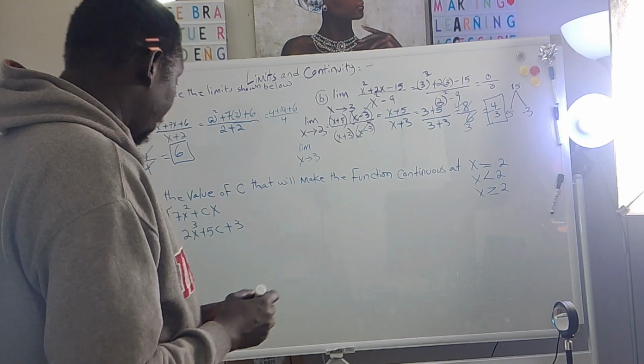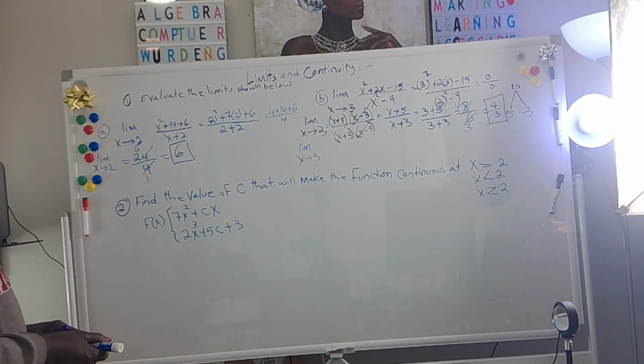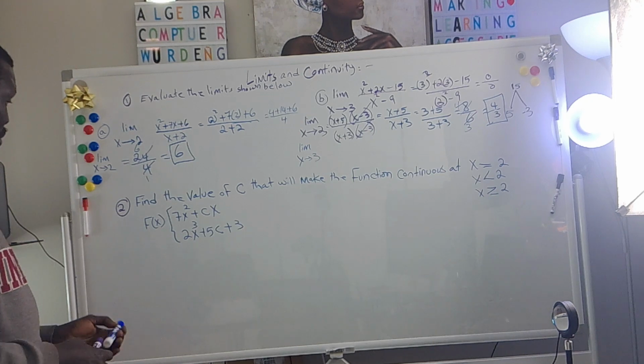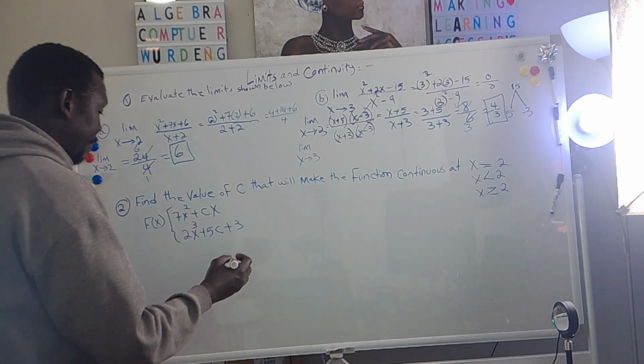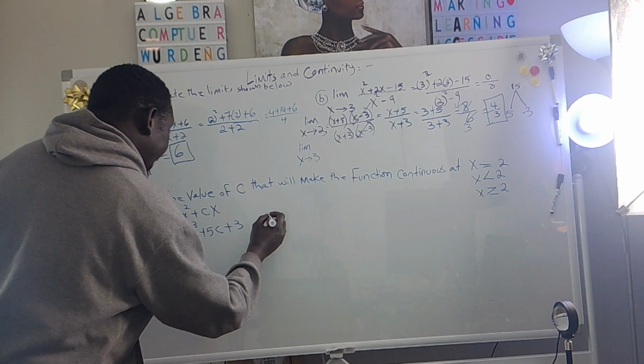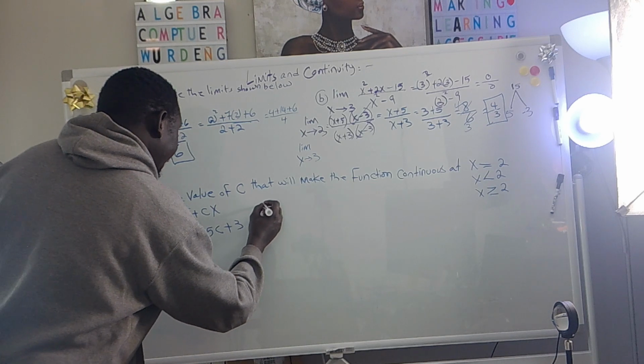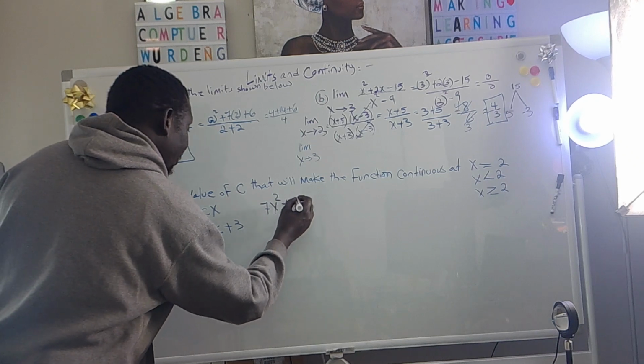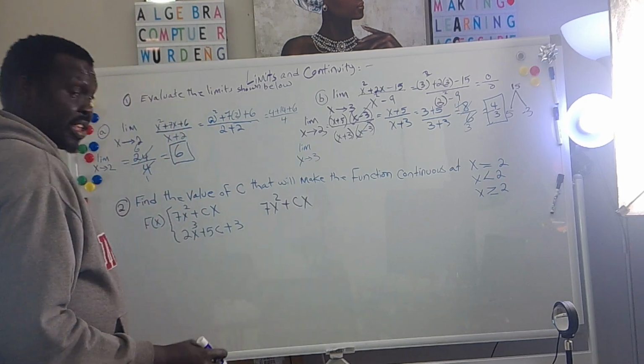Now, I have two functions here. Let me use this pen. It will be 7x squared plus cx, where C is a constant number.